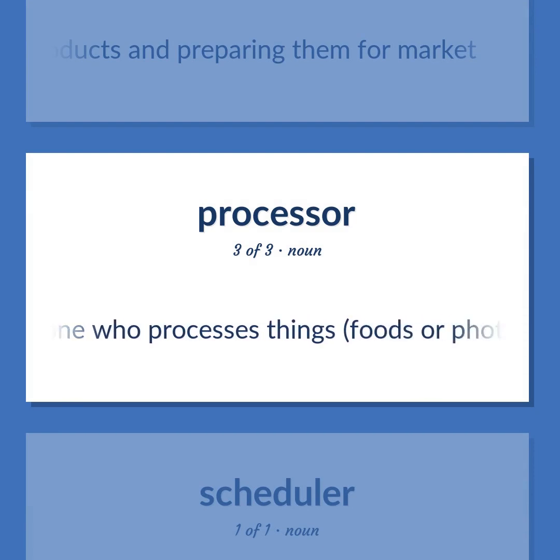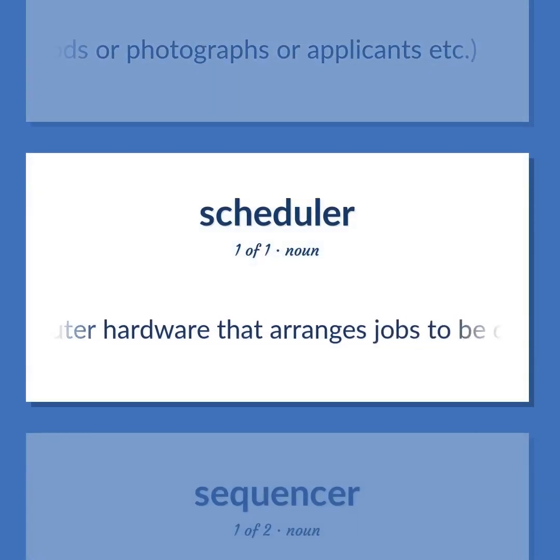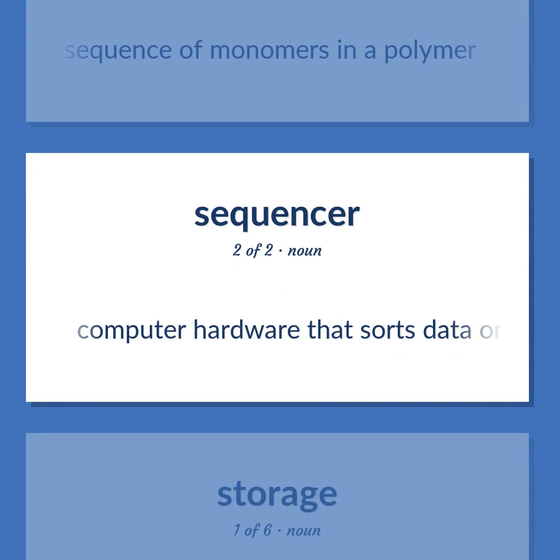Someone who processes things, foods or photographs or applicants, etc. Computer hardware that arranges jobs to be done by the computer in an appropriate order. Chemistry, an apparatus that can determine the sequence of monomers in a polymer. Computer hardware that sorts data or programs into a predetermined sequence.